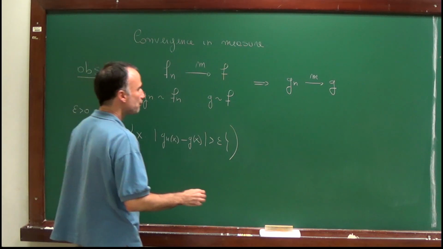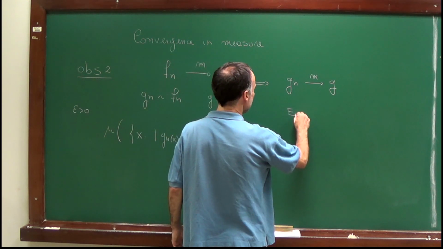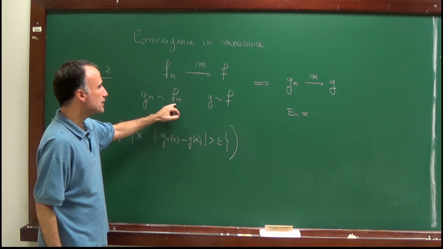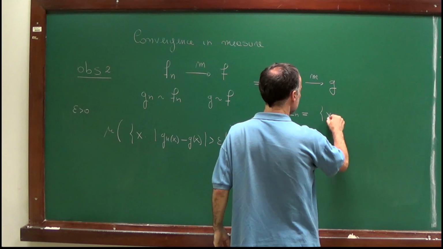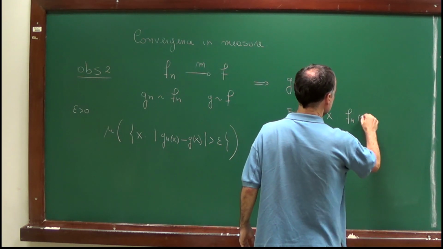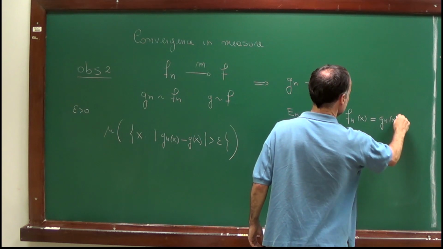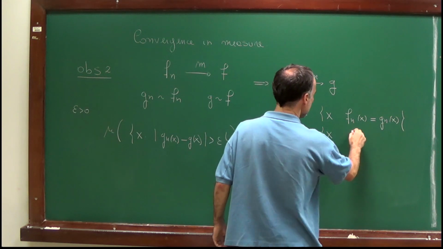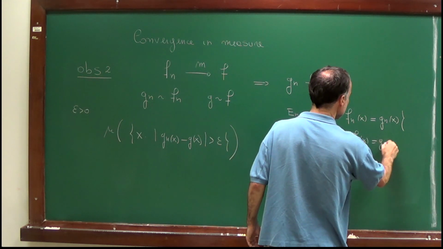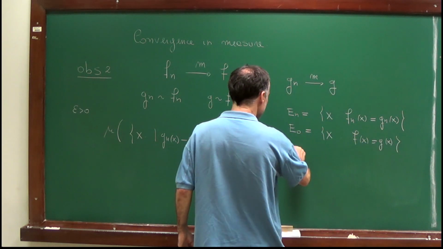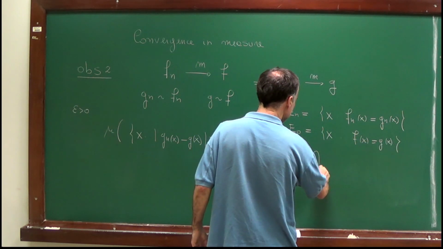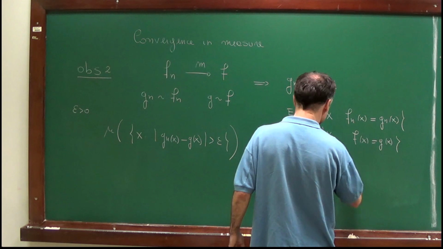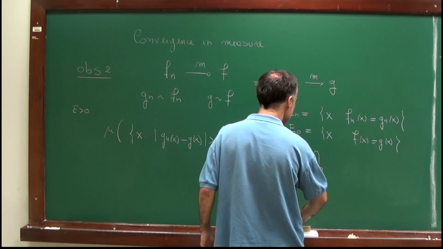Well, let me call En the set of points for which Gn is equal to Fn, E0 the set of points x for which F(x) is equal to G(x). Let me call E the intersection of these sets, the intersection of the sets En.